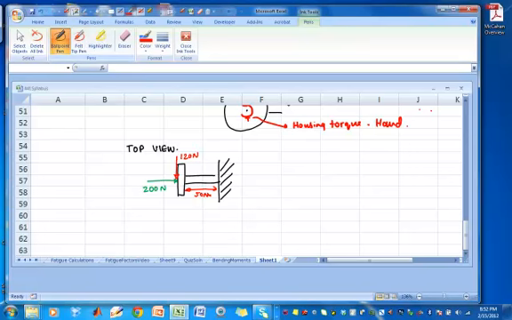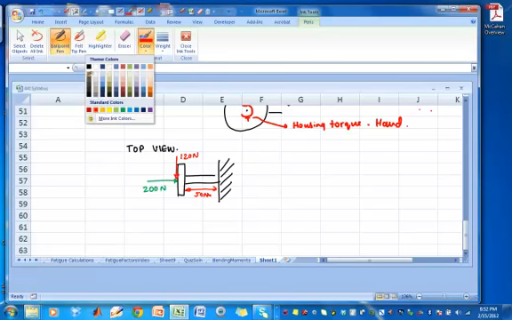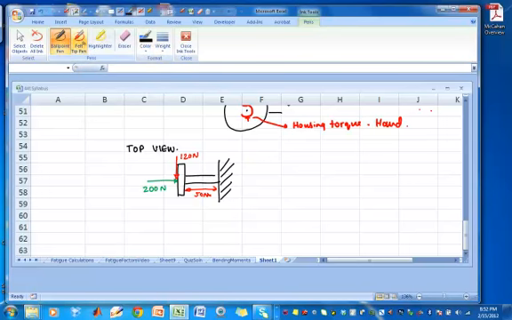So in the top view I can immediately see a couple of things. One is I have an axial force now. This is force.